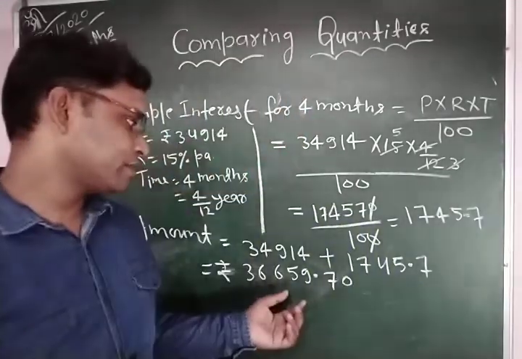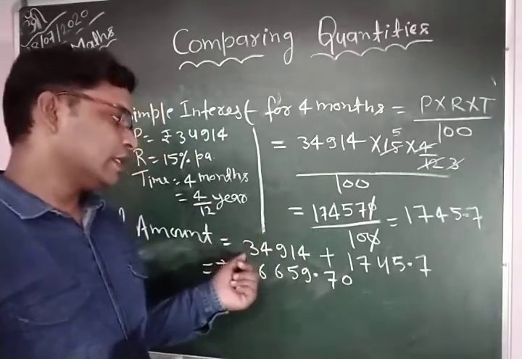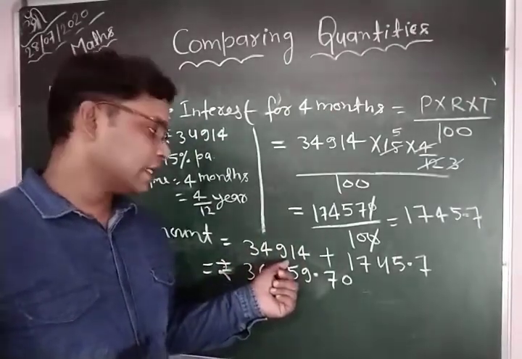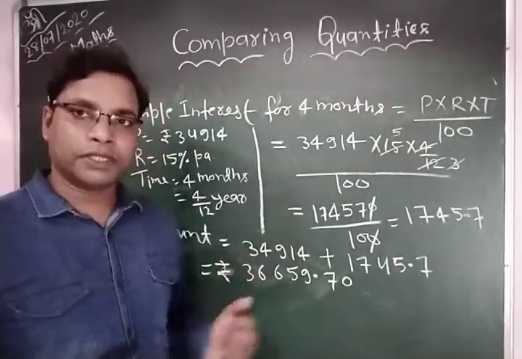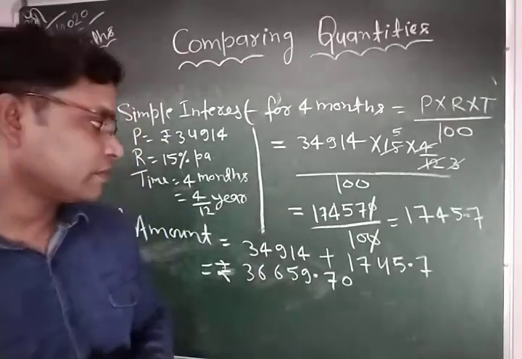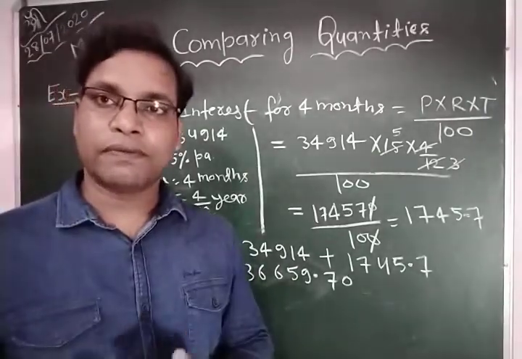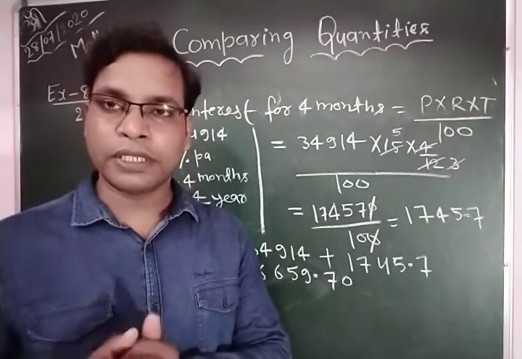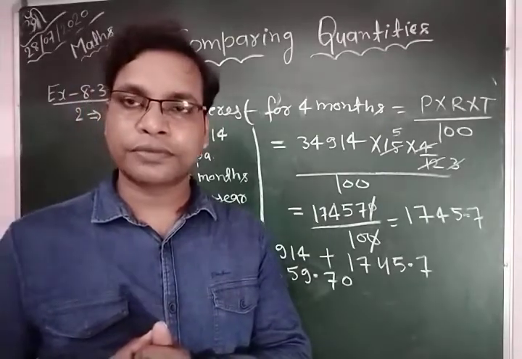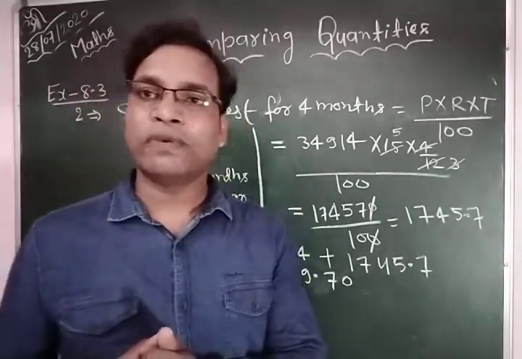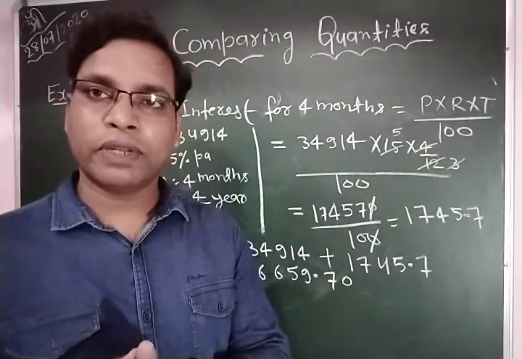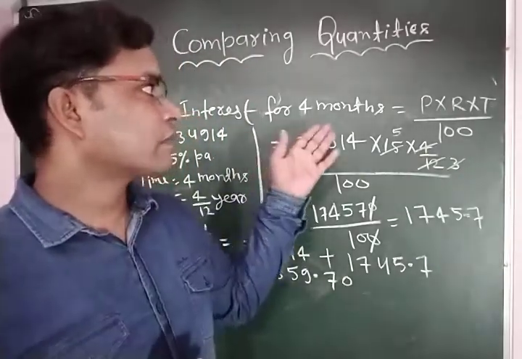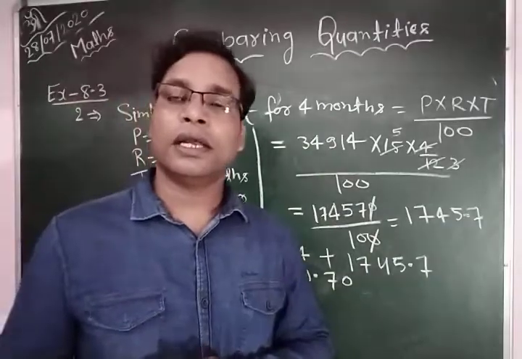Then you find the amount is 34,914 rupees. After this you find the interest for 4 months. So we change 4 months into years, so it becomes 4 by 12 years.